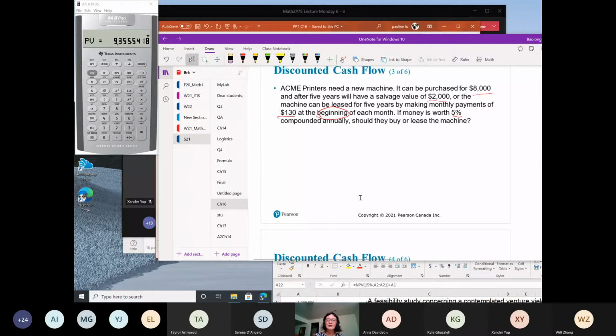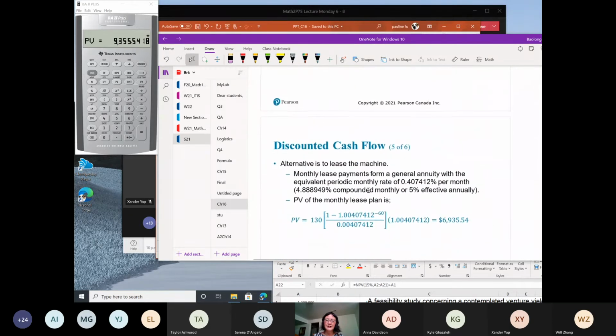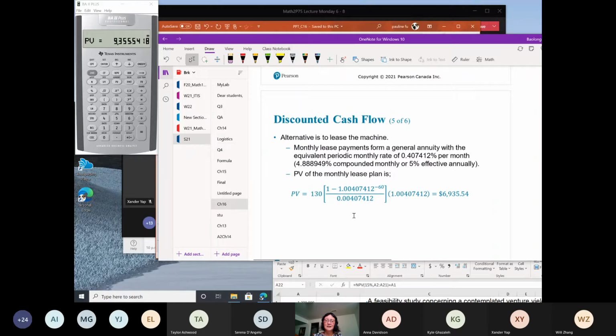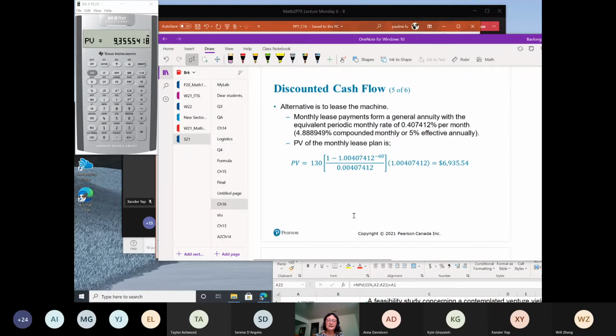Now let's look at alternative 2. 5 years, make a monthly payment of $130 at the beginning of each month. You use the present value of the monthly lease, PV equals PMT times (1 minus (1 plus i) raised to power negative n) over i.